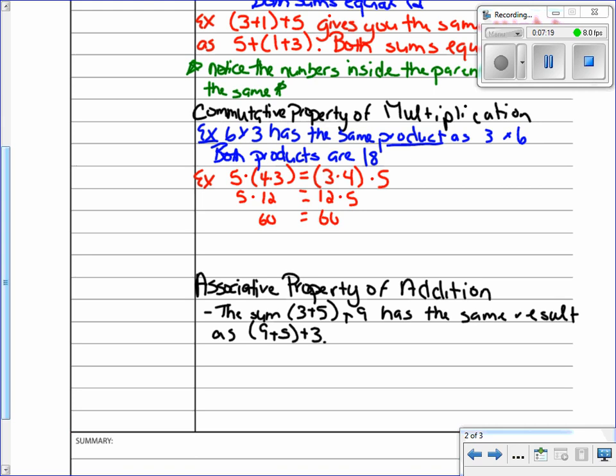Now let's see if that's true. 3 plus 5 gives us 8, and 8 plus 9 is 17. The other one, we have 9 plus 5, that gives us 14, plus 3 is 17. So both sums are equal to 17.